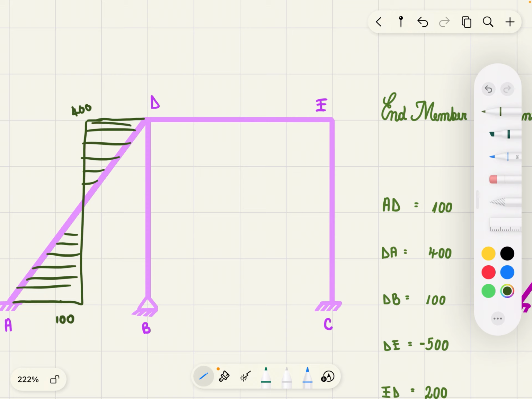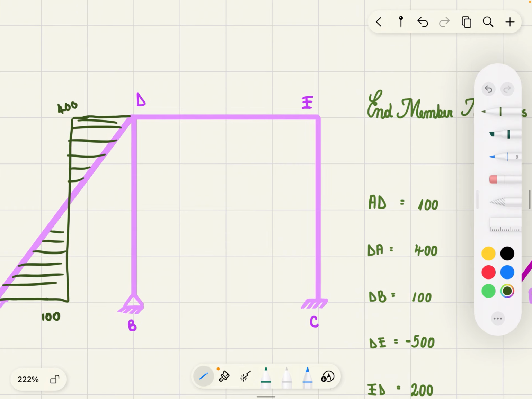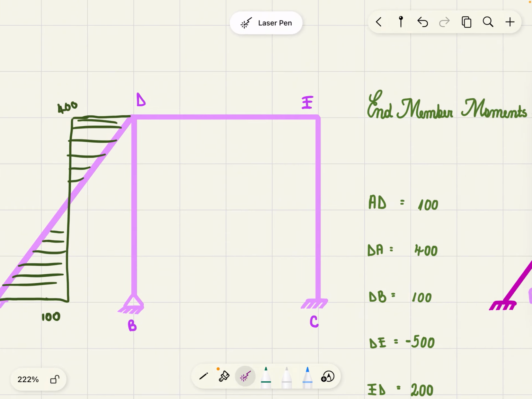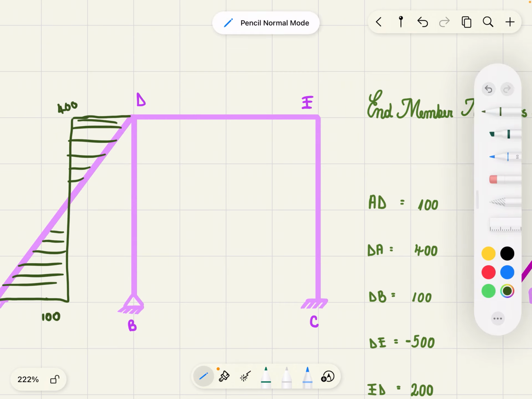Looking now at member DB. The value of moment at DB is 100, clockwise, positive rotation for the end member moment. So the equal and opposite nodal moment shows that this side is under tension. So we're going to be drawing to the left the value of moment.